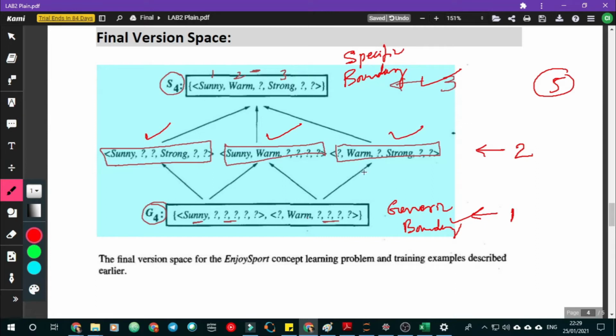Means it lies in between 1, 2, 3, 4, 5, 6 hypotheses. So we have only 6 hypotheses when we read the next data sample. The hypothesis cannot be beyond these hypotheses. Okay, again it will give the boundary. Clear? So this is regarding the candidate elimination.